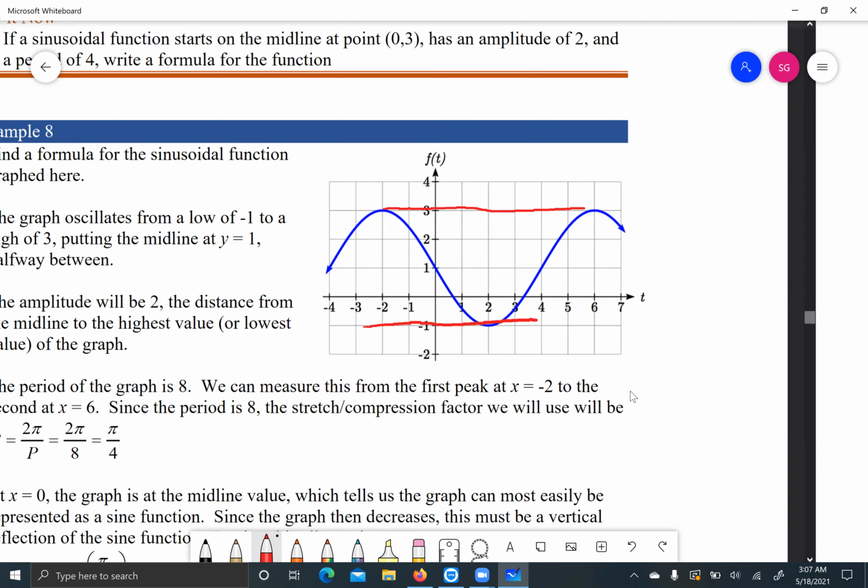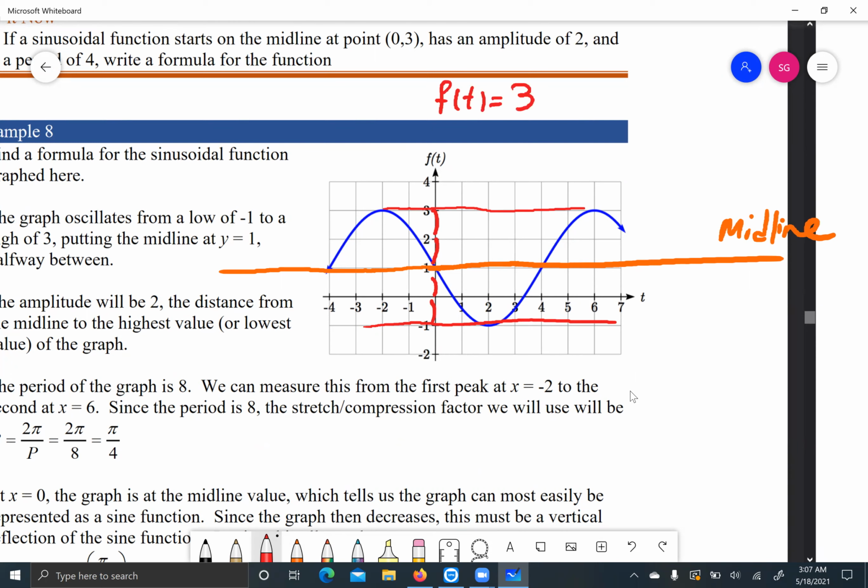The midline is right here in the middle. This is the midline. And so the amplitude is 2 because you see it's 2 units above, 2 units down. So if you want to write f of t, it's 3 times sine of something plus 1.